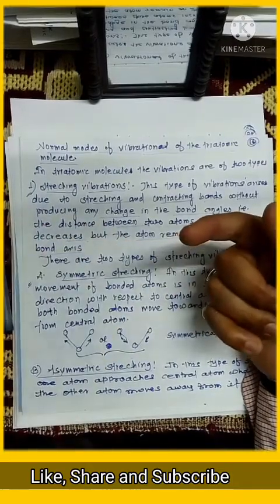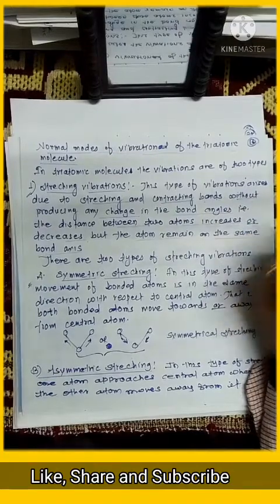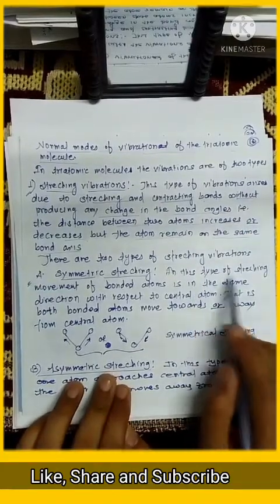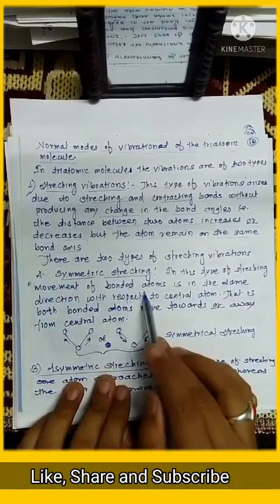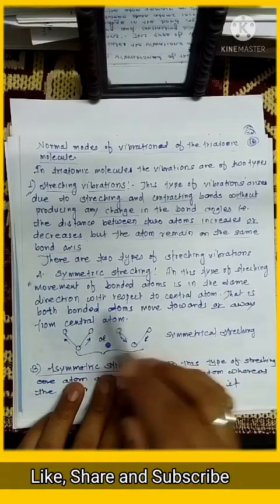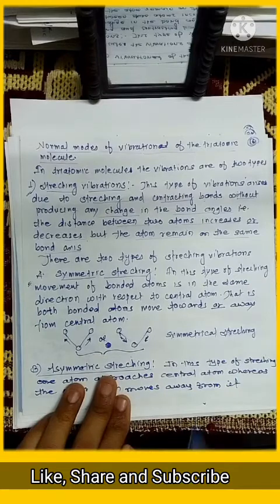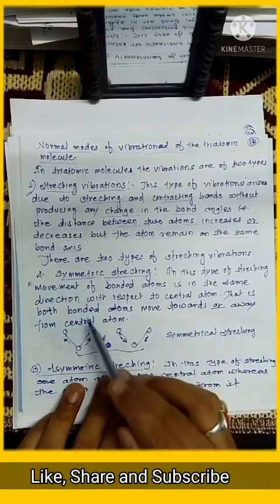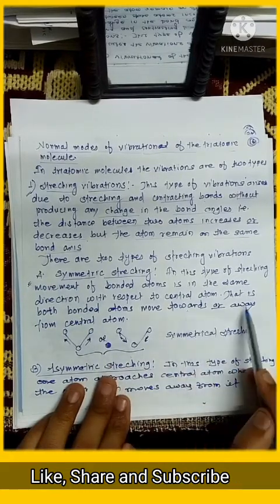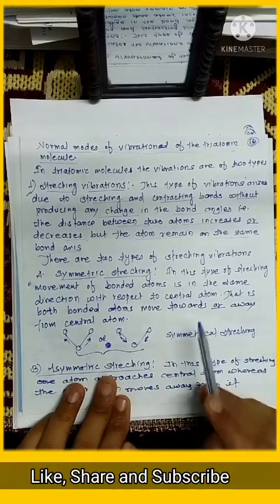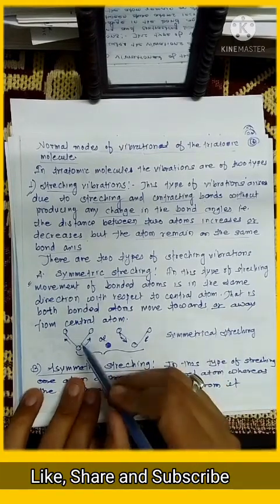So just see here, in this type of stretching, the movement of bonded atoms is in the same direction with respect to the central atom. That is, both the bonded atoms move towards or away from the central atom.